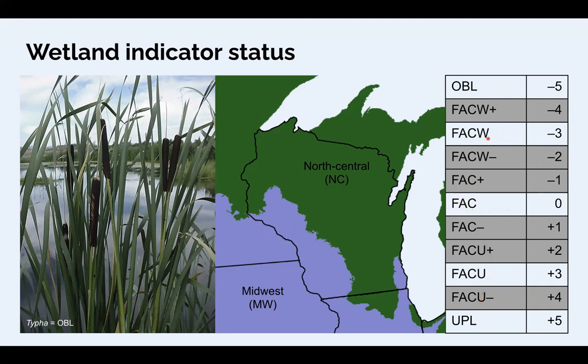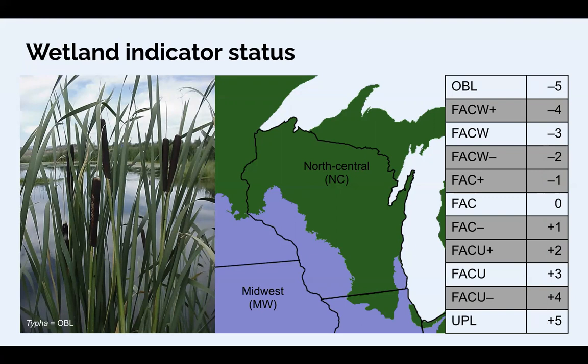Sometimes you find them categorized as FAC-W, that's facultative wetland, so facultative, but more often in the wetlands. FAC-U, facultative, but more often in uplands. And the ones I've grayed out here, I see them a lot less often. Sometimes they're subdivided into this plus and minus for each of the categories. So you could take those values and you get a range of 5 to 0 in the wet and 0 up to 5 in the dry.